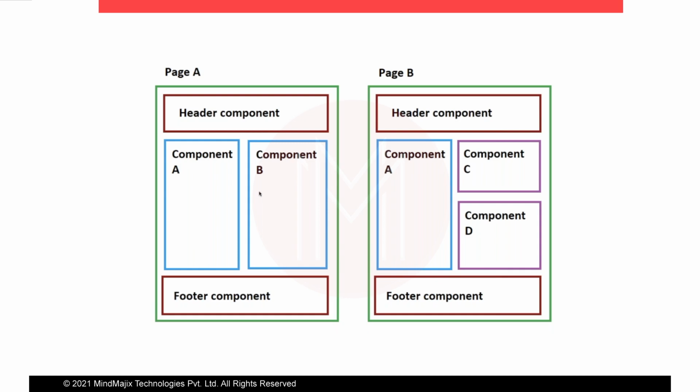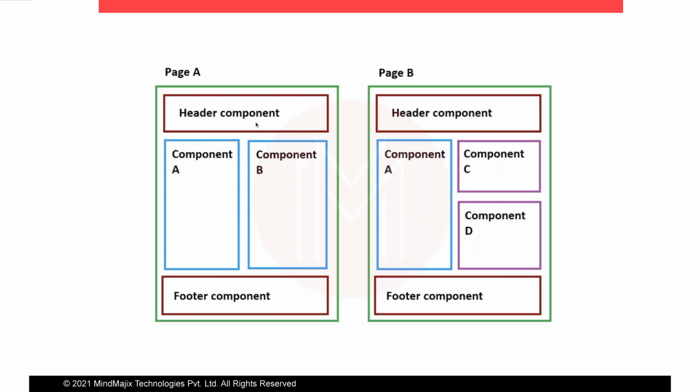So whenever you create a page, do we really have to write the header and footer for all the pages? No, because these are the same. We want to reuse the same component which we have written once in all the pages.